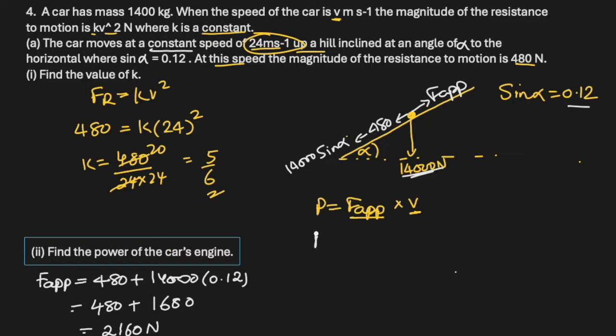So now we know the applied force is 2160 newtons. We know the speed is 24 meters per second. The power comes out to be 51,840 watts. That's the power.